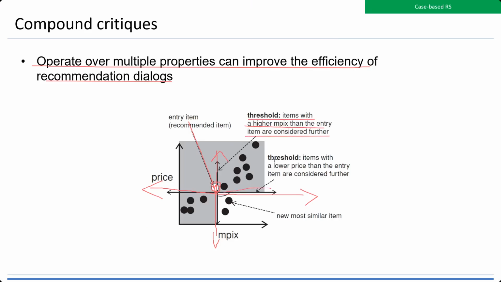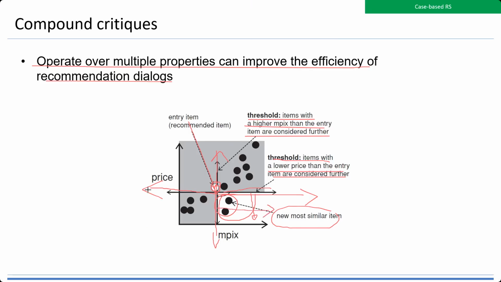And this is the threshold: items with a lower price than the entry items are considered further. Then, okay, this is the most similar item because it is lower price, and it is higher on the megapixel.